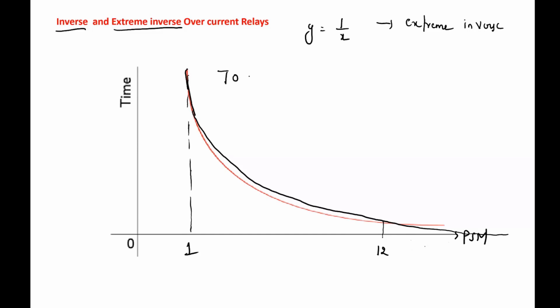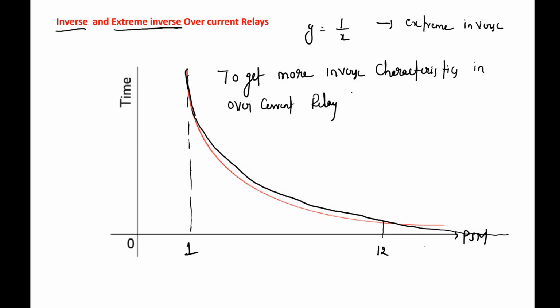So to get more inverse characteristics in overcurrent relay, one has to delay core saturation, CT core saturation.